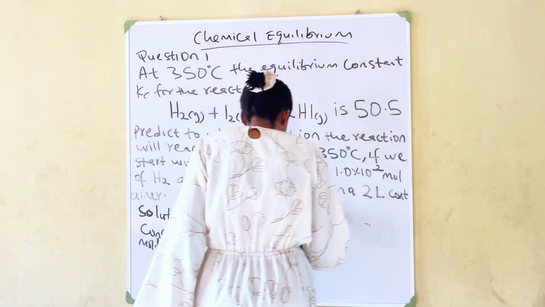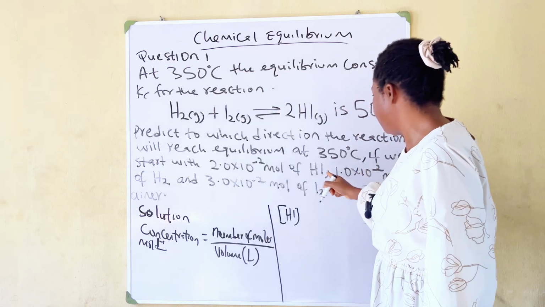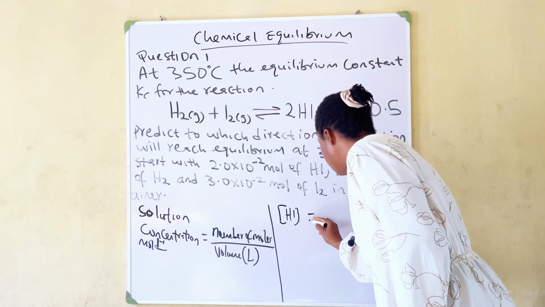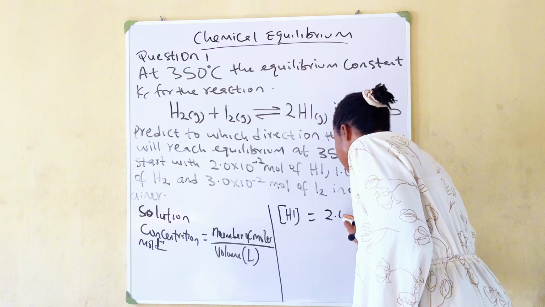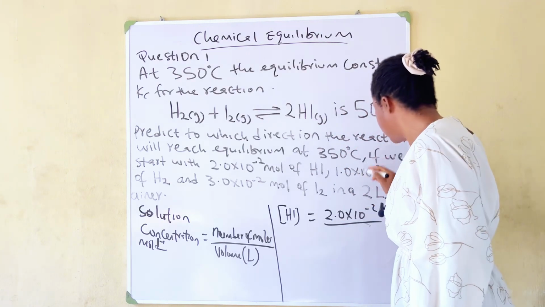Alright, so I'm going to look at the molar concentration of hydrogen iodide. It is 2.0 times 10 to the power minus 2 divided by the volume, 2 liter.